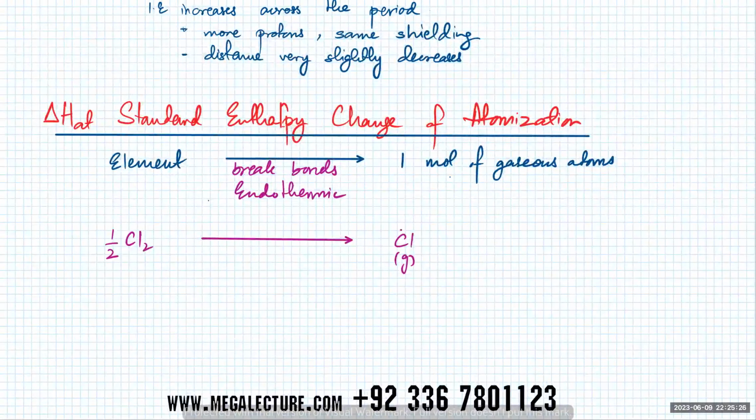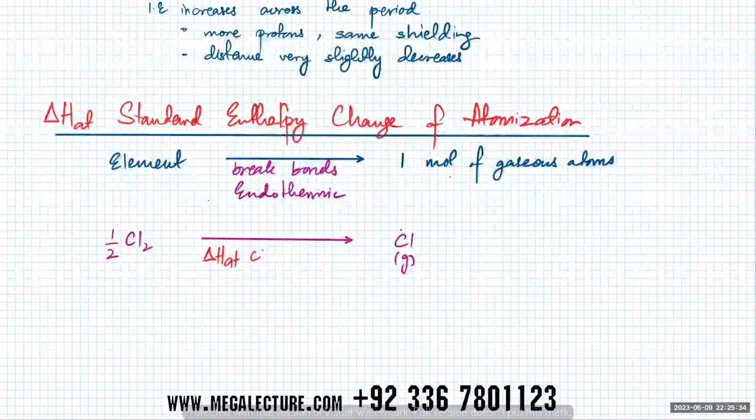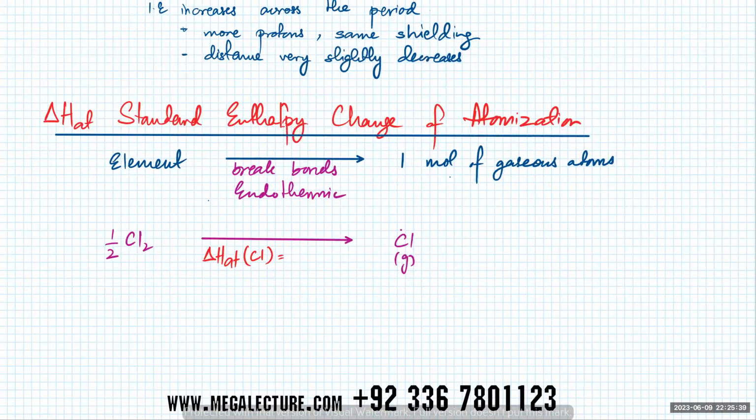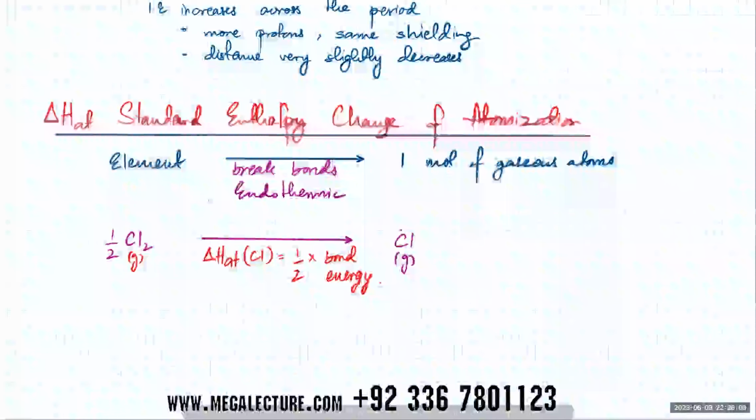So in this case, that's your enthalpy change of atomization of Cl, which is equivalent to, that's a gas, the bond energy or half the bond energy of a Cl-Cl bond. Is this clear that in this case, you're just breaking Cl-Cl bonds, right? Okay. Yep.